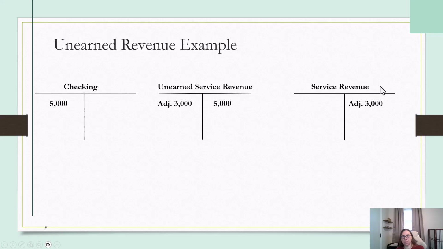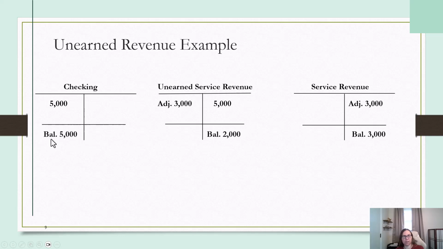And then they credited service revenue to represent the money earned. So if you were to get the balance right now, there's $5,000 in checking. Of course, they would have other transactions here in a real business situation. Unearned service revenue is now down to $2,000 when you take the $5,000 credit minus the $3,000 debit. And then you have $3,000 in service revenue.